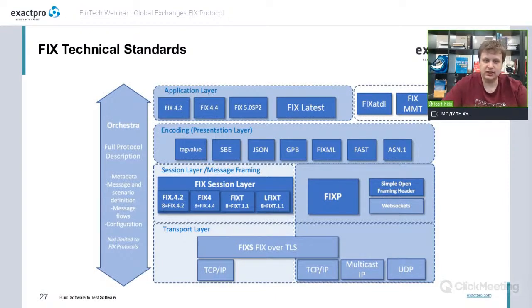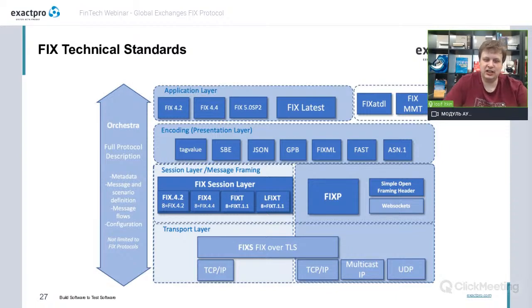So fixed technical standards. The diagram on the slide shows the family of fixed technical standards and also the distribution across different layers.